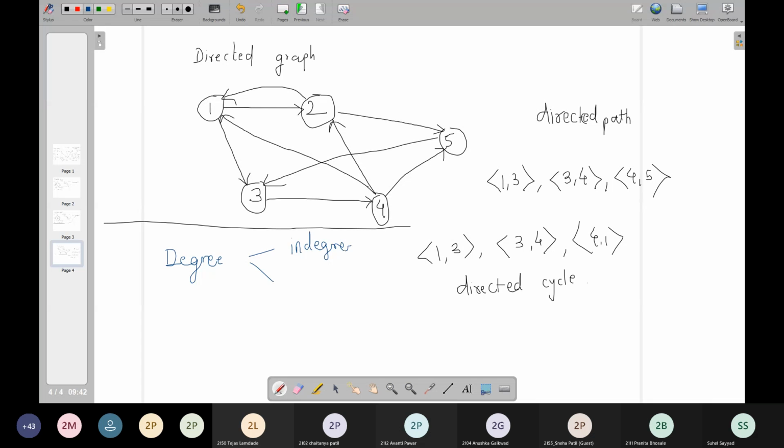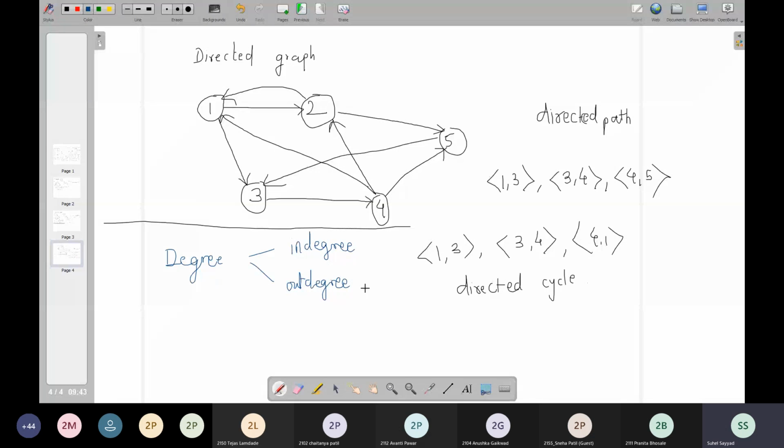Out degree counts the outgoing edges of that particular vertex.